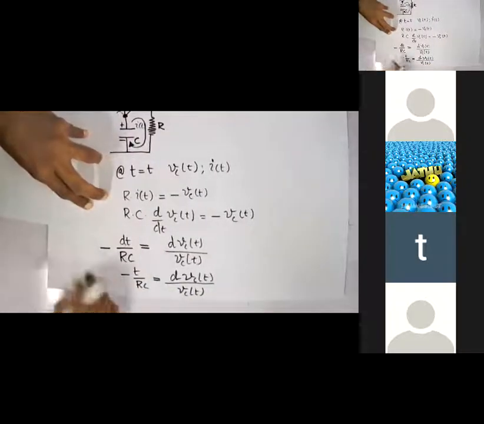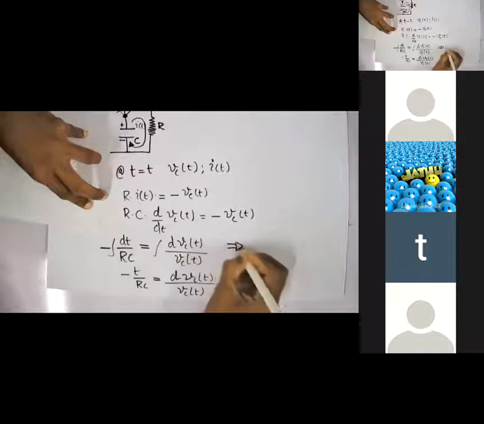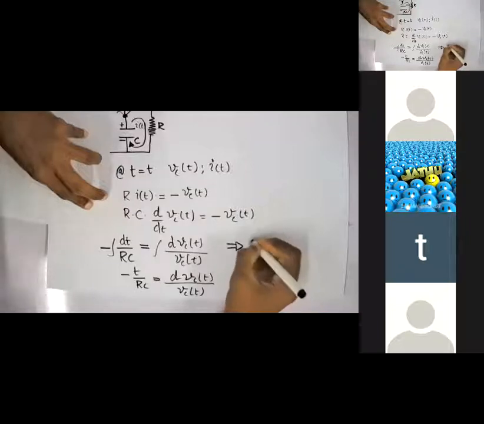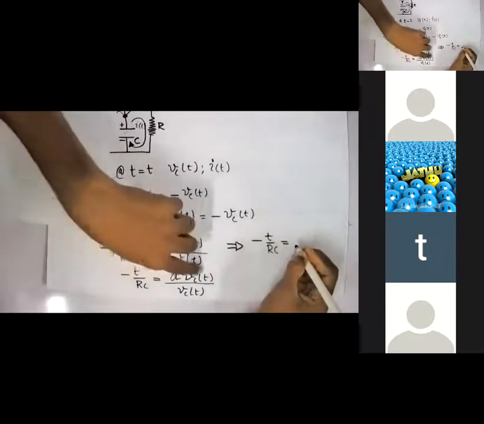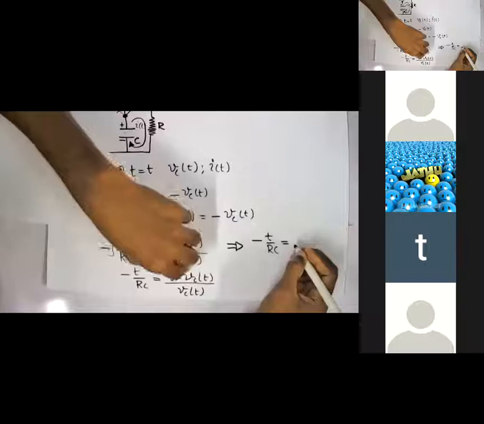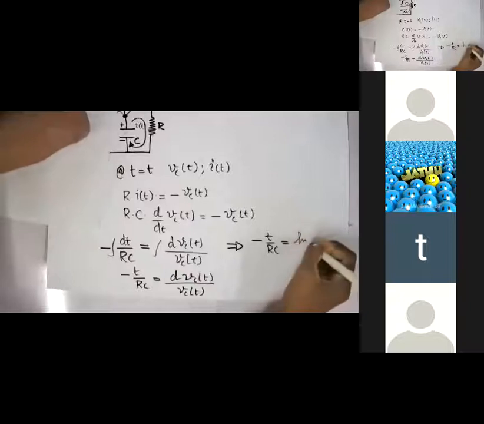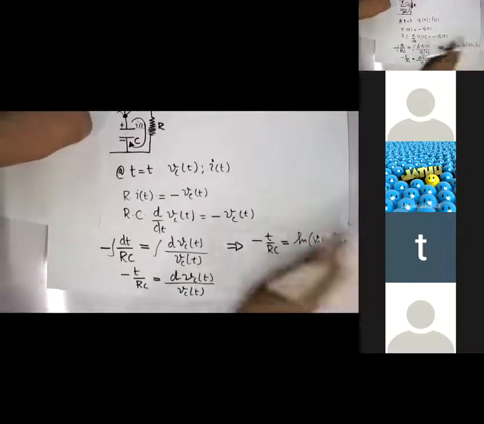So minus t by RC equals dV of t by V of t, which is like dx by x, so it will be natural log ln of Vc of t, plus an integration constant k.